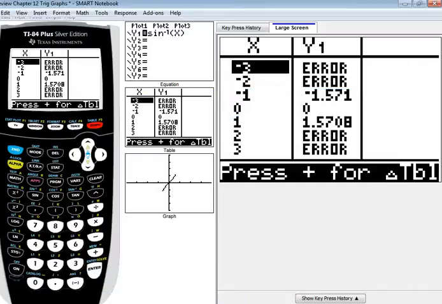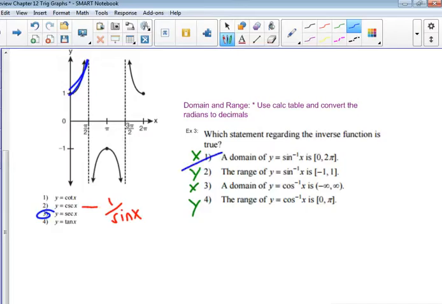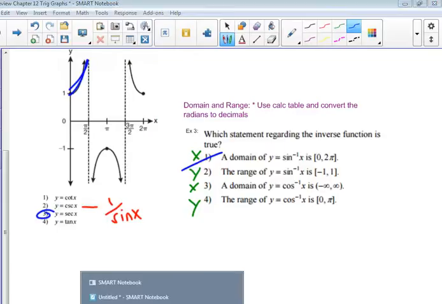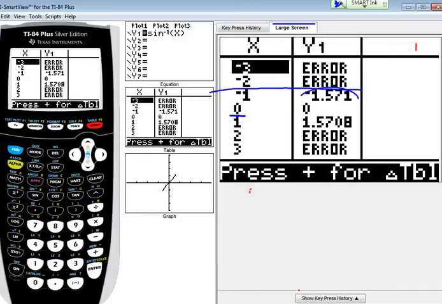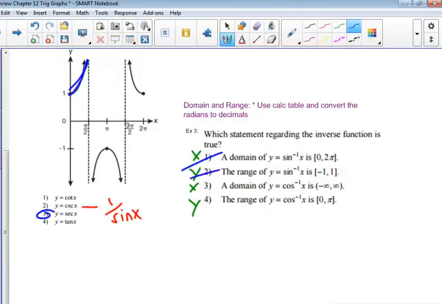Okay. The second thing they ask us, so it can't be that, they want to know is the range between negative 1 and positive 1. Well, let's look at the calculator again. My range is the y, so is that negative 1 to positive 1? This is? Negative 1 to positive 1? No. Okay, so it's 0 to negative 1. Alright, this one can't work.